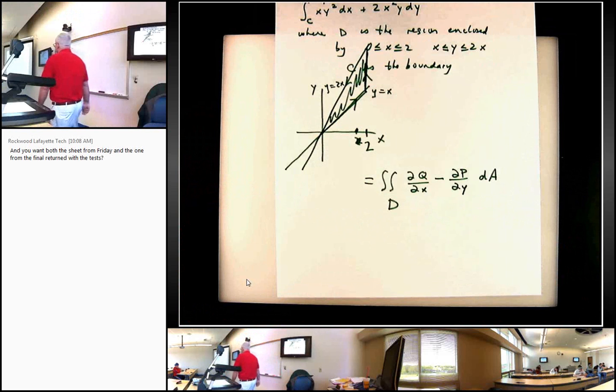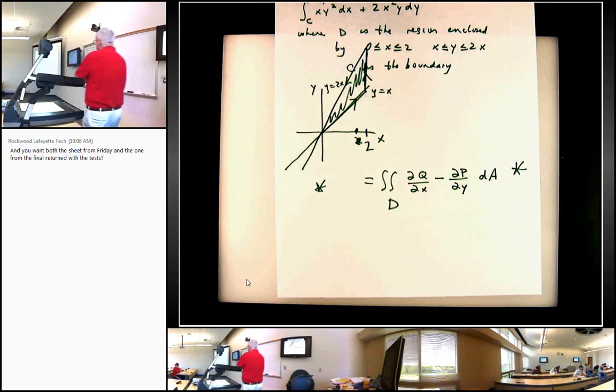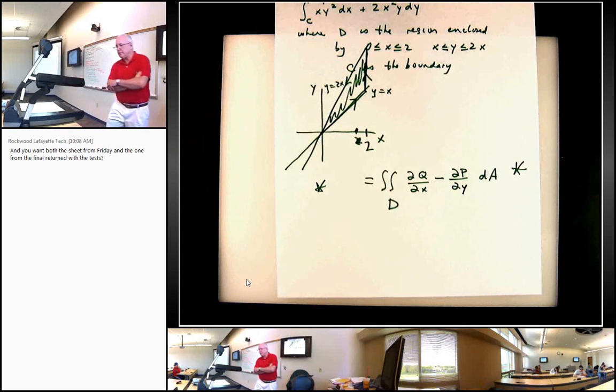We do a double integral. So be sure that you have that formula handy so you don't mess that up.